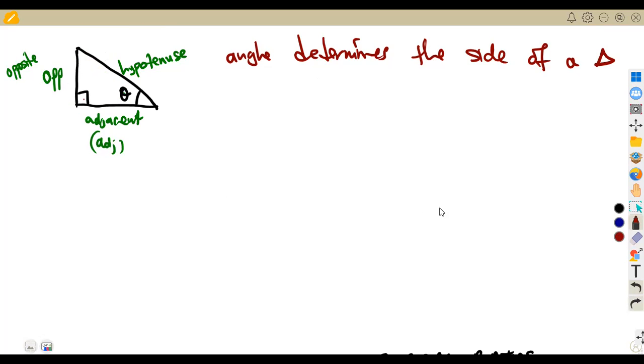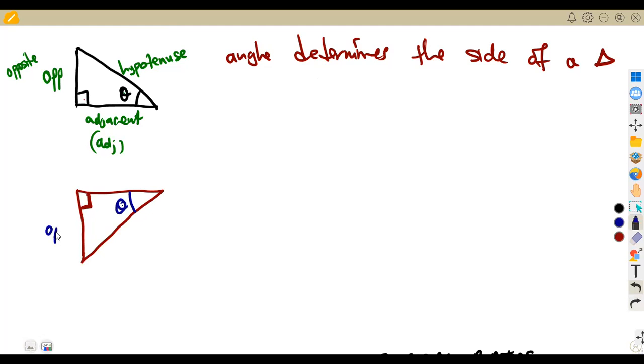All right, so for this triangle that we see, the angle that you are given is the one that determines whatever you have. Let's say you've got this triangle here, and this is where you are given your theta. Your theta is at this point. It means you are going to name whatever you have according to the point where theta is. According to this theta here, this side is opposite to theta, right? This side and theta are opposite to each other.